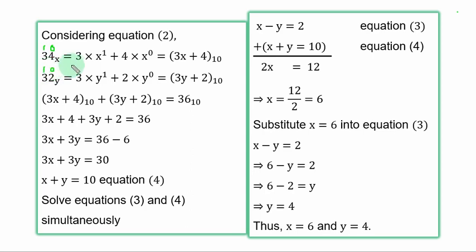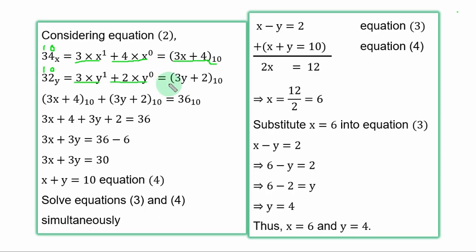Back to the first term, you have 3 times s power 1 plus 4 times s power 0. That results to 3s plus 4 in base 10. The second term, you have 3 times y power 1 plus 2 times y power 0.